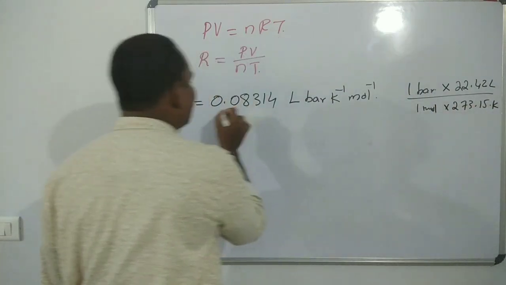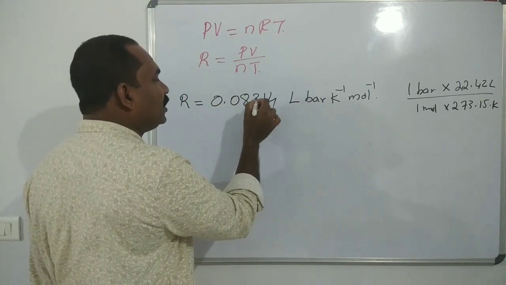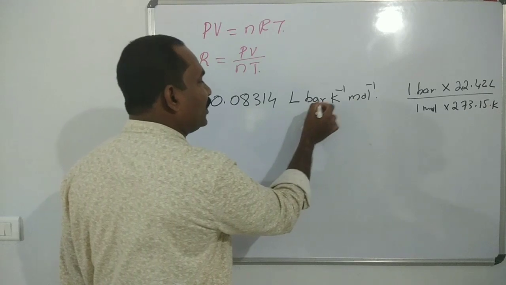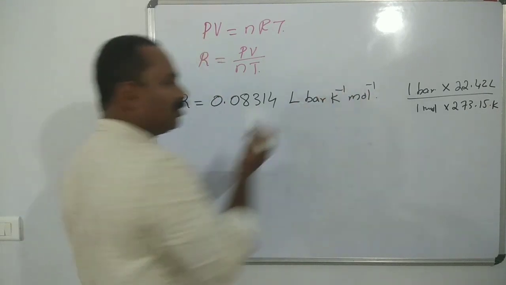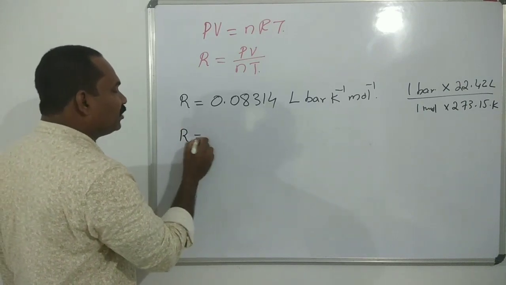So the R value is 0.08314 liter bar Kelvin inverse mole inverse. Very clear?